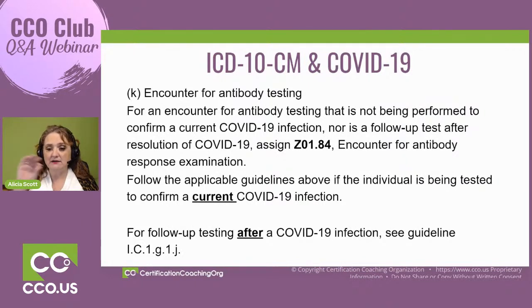So have that written down in your little notebook or knowledge bank. But if they're being tested to confirm a current case, there are applicable guidelines to that. So after COVID-19, you're going to look in your guidelines at I.C.1.G.1.J, and that was the one we just looked at before, the previous slide.